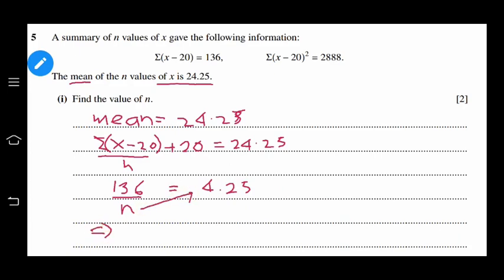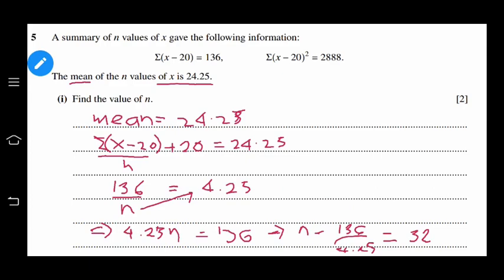Cross multiply n, we get 4.25 n is equal to 136, or n is equal to 136 divided by 4.25, which is 32. Okay, so the number of terms is 32. So there are 32 values.